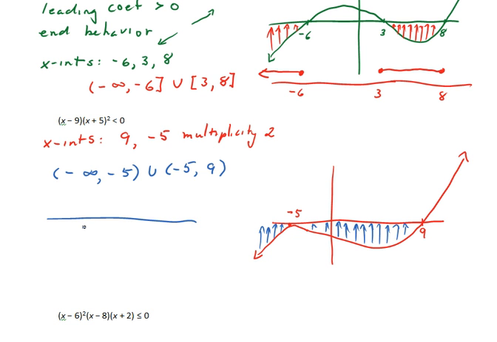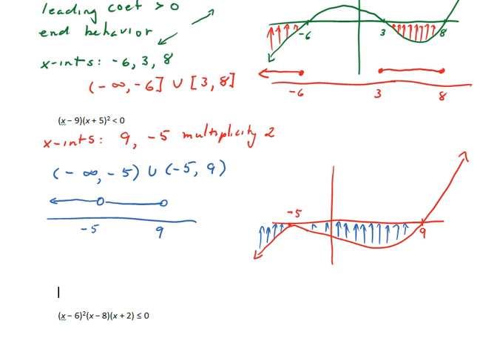On the number line, if this is -5 and 9, there'll be open circles at both -5 and 9, but a solid ray to the left of -5 and a segment between -5 and 9. There's actually a hole in the graph because at -5 the function equals 0.